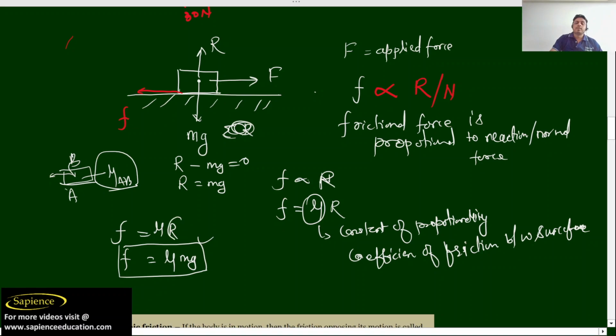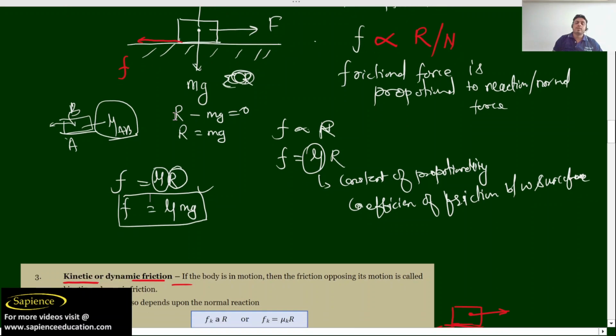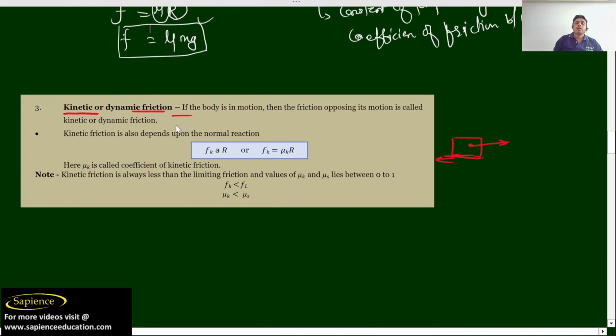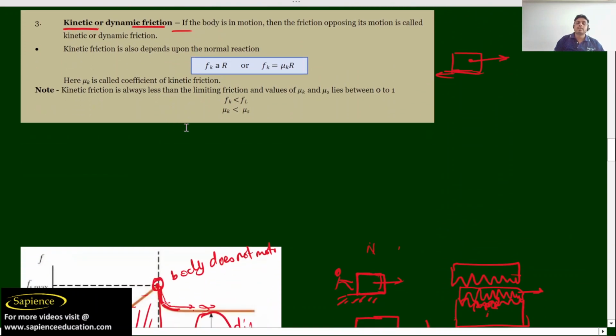So try to first find the reaction force and multiply it by the frictional coefficient. If the frictional coefficient is zero, that means there is no friction. Now, there are two types of friction coefficients.